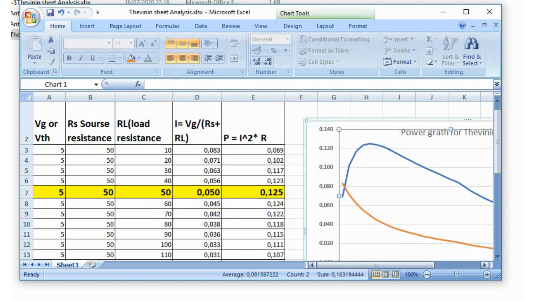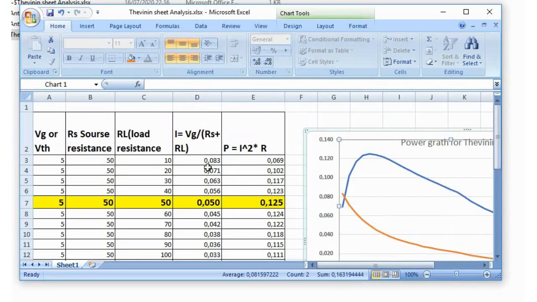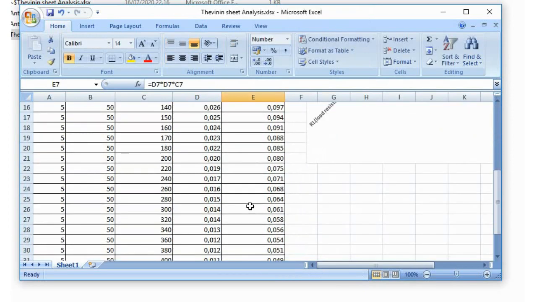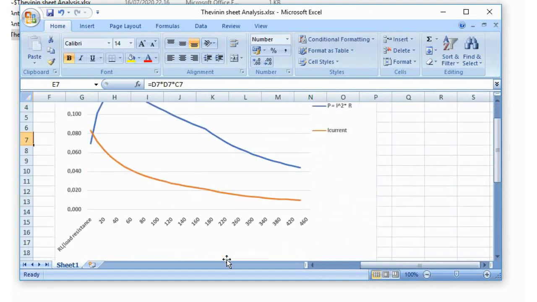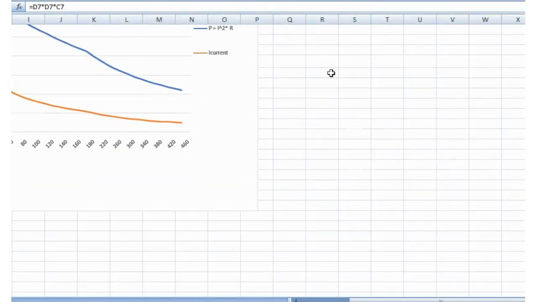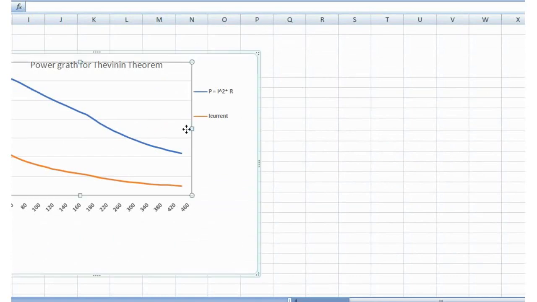Same thing, power is high till your RL is 50, then it decreases. So this is your graph.